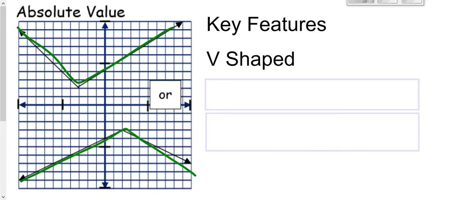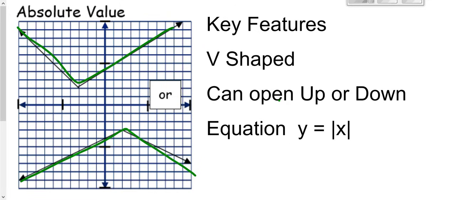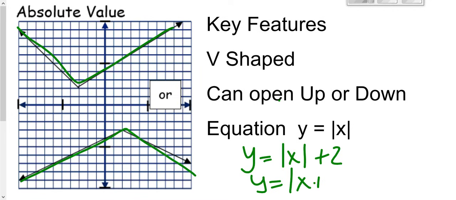And then our equation: y equals the absolute value of x. So you might see something like y equals the absolute value of x plus 2. You might have something that says y equals the absolute value of x plus 3, and then a minus 5. Both of those are absolute value functions. As long as you have those absolute value bars, it's an absolute value function.